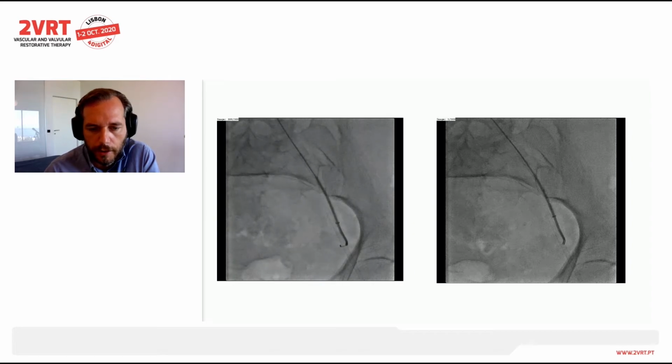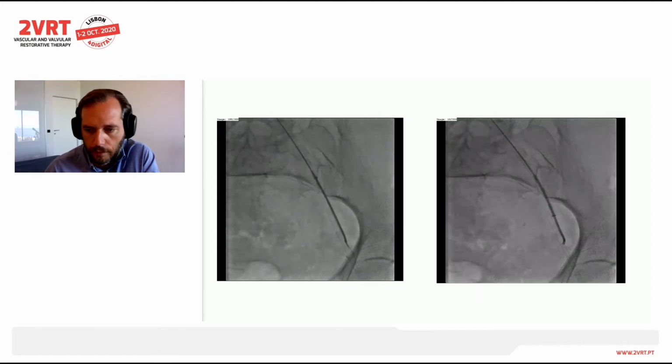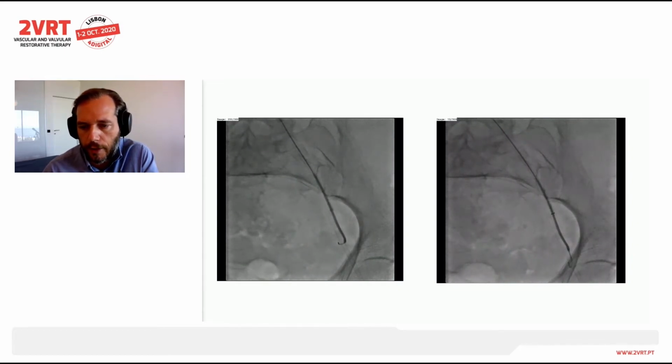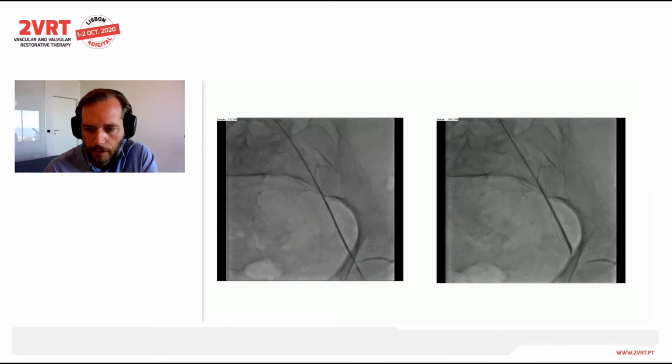But there was always some difficulty when you tried to bring it out. There was a point that it wouldn't come out. So we tried going further down distally. In the right video you can see it. We almost passed the distal tip, but we couldn't pass the distal tip of the catheter totally.